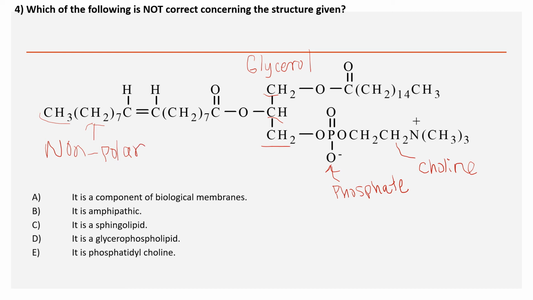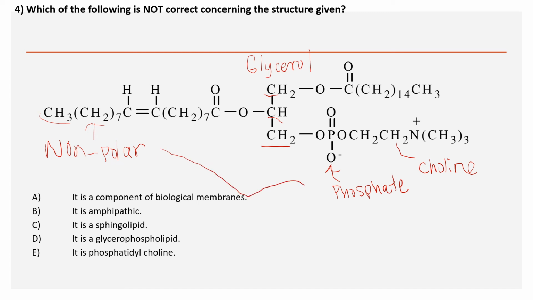So let's look at our answer choices. Which of the following is not correct? It is a component of biological membranes. It is amphipathic. It is a sphingolipid. It is a glycerophospholipid. It is phosphatidylcholine. Phosphate is polar, and then over here on the left, we have nonpolar.